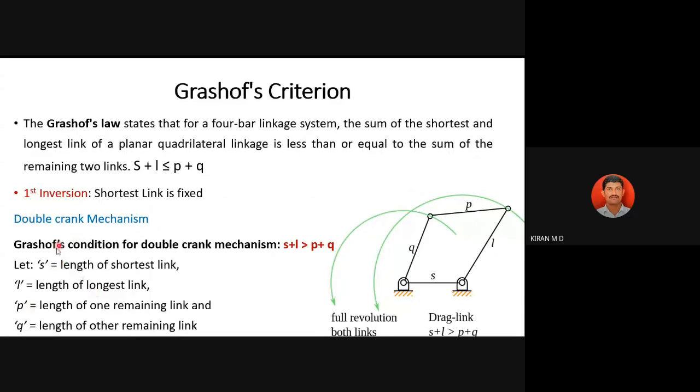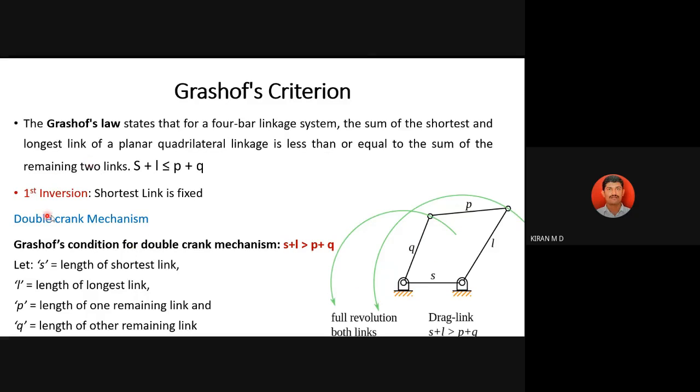For the first inversion, we are going to consider the shortest link fixed. We will fix the shortest link. The Grashof law condition for the double crank mechanism is S plus L should be greater than P plus Q. Here S, the shortest link, is fixed, L is the longest link, and P and Q are the remaining.